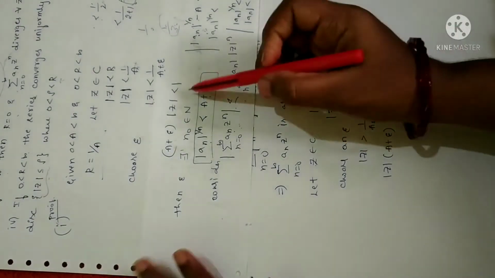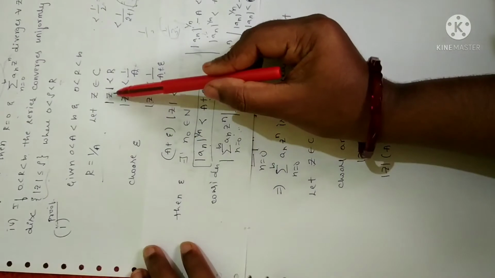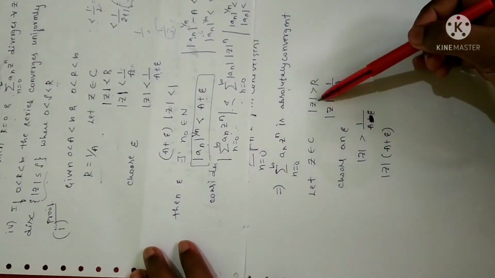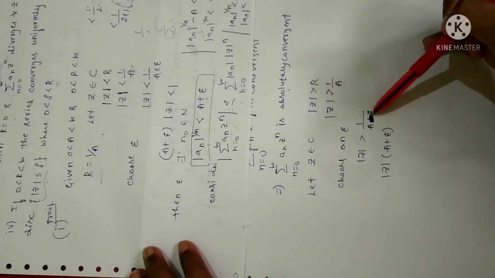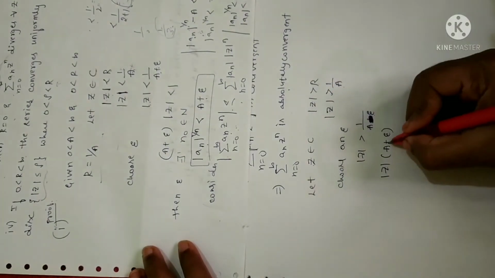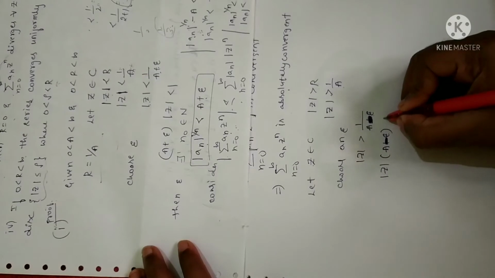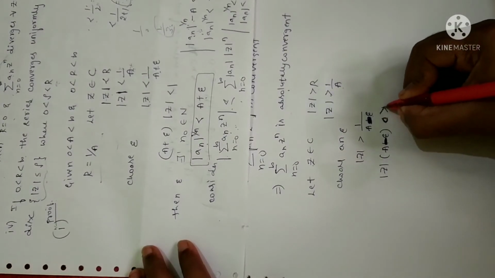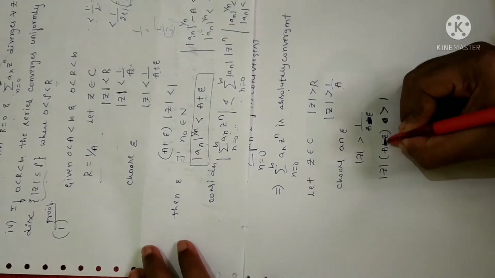I'm repeating once again. Since what I have chosen here is mod z less than r, I added epsilon here. Since I have chosen mod z greater than r, I am going to subtract epsilon here. Fine. So a minus epsilon is greater than 1.